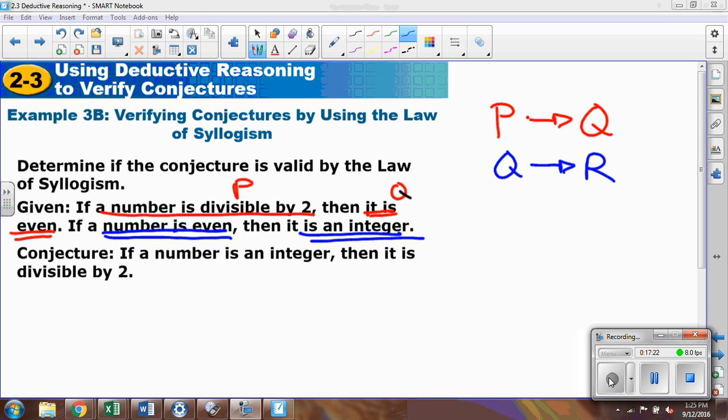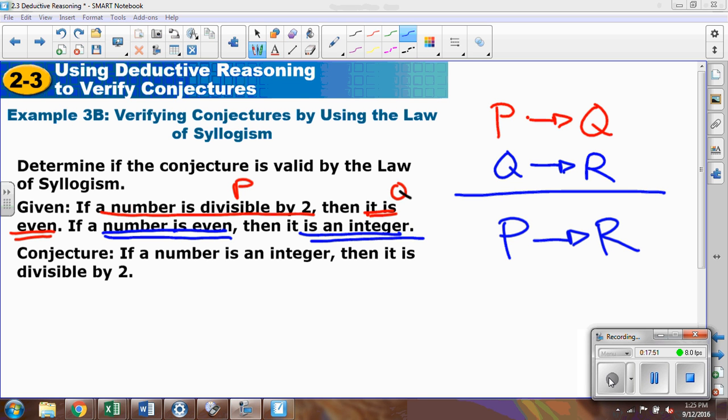You were correct. I don't know what happened in my brain, but I had this backwards, thinking integer for the hypothesis, even for the conclusion. The thoughts in my head were wrong. And so we recognize P implies Q is true, Q implies R is true. Based on the law of syllogism, we now know that P implies R is overall true.